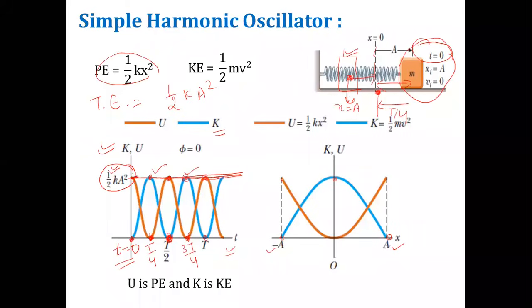Whereas your potential energy, at the extreme points, is going to be maximum, and your potential energy would be minimum at the equilibrium position. Again, if you add both of these parabolas, your sum would remain constant, and that would be equal to 1 by 2 k a square, which is equal to the total energy of the system.